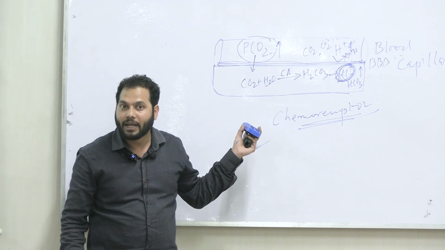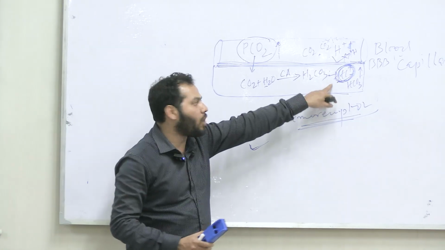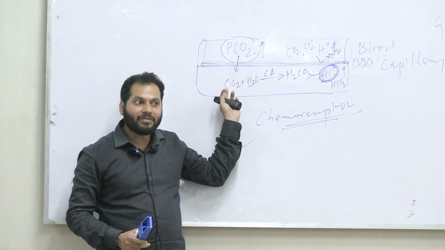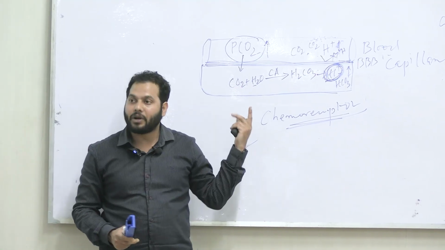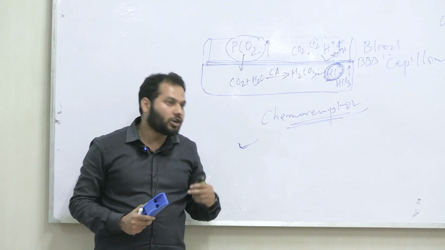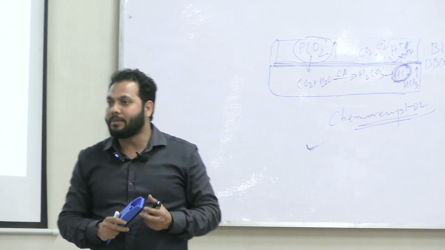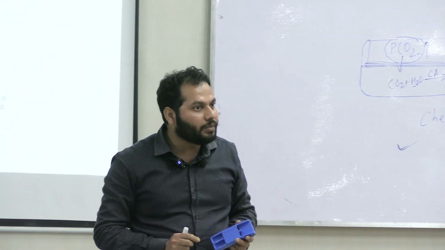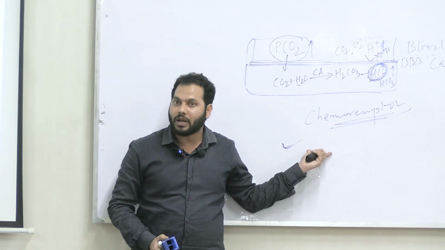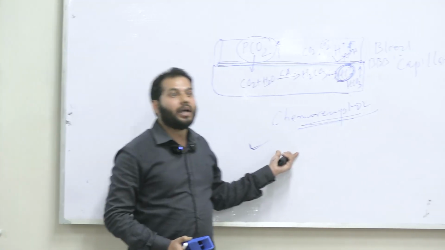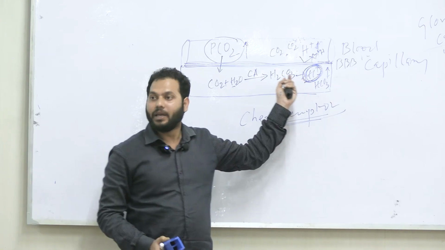So what we have seen here, at the initial point of time in the CSF, the H plus ion was more, or you can say carbon dioxide molecules were more, so the partial pressure of carbon dioxide is also high. That is not normal. Our respiratory system has a specific regulatory mechanism. This mechanism involves central chemoreceptors that respond against the high concentration of H plus ion in the CSF.